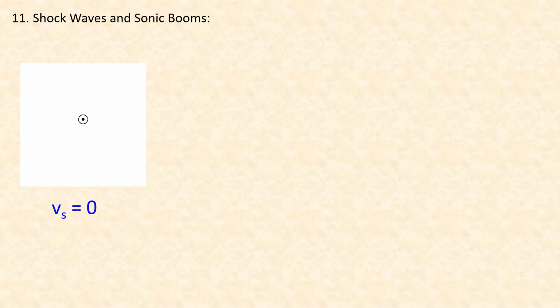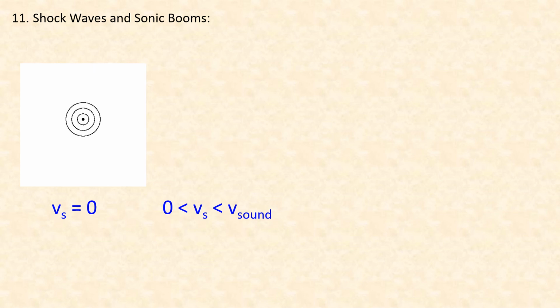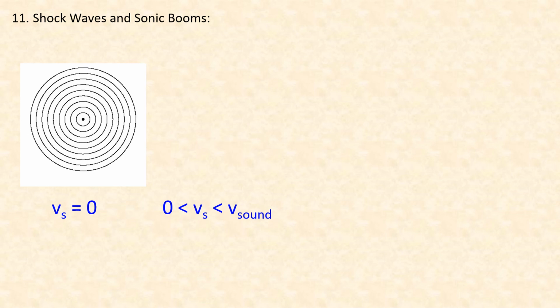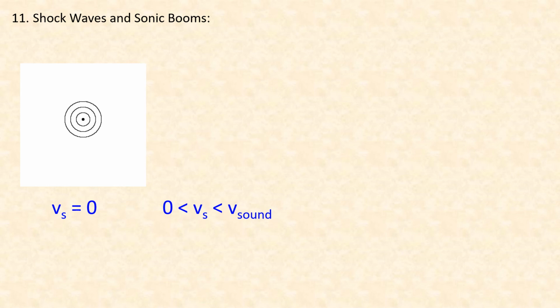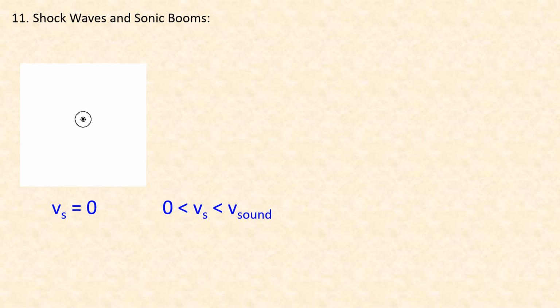And we said when the source of the sound is moving, now we expect to see a Doppler effect, a Doppler shift in frequency. Let's look at the case where the speed of the source of sound is greater than zero. In other words, the sound source is not stationary, but is moving at a speed that is less than the speed of sound in the medium.